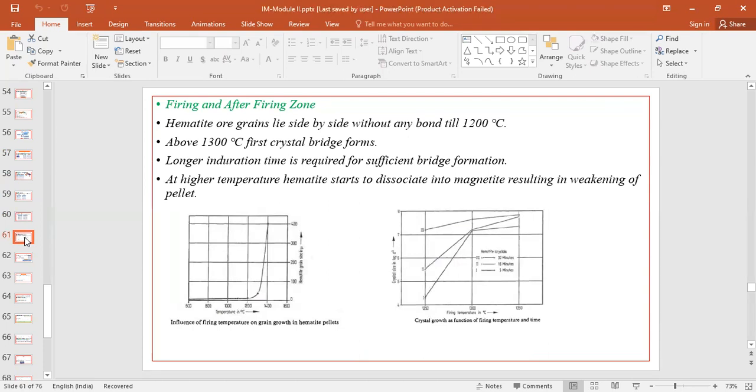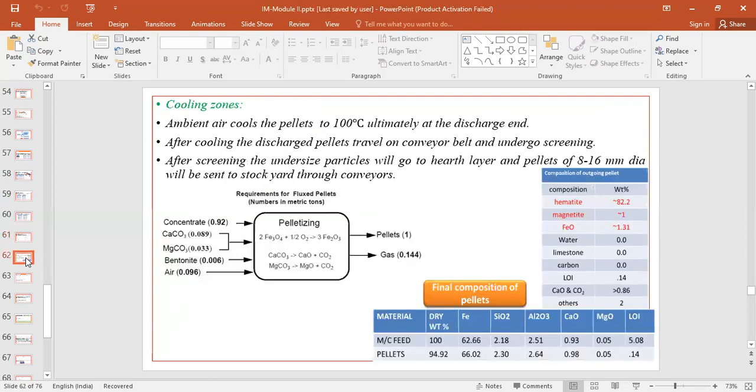Hematite ore grains lie side by side without any bond till 1200 degrees centigrade. Above 1300, the first crystal bridges form, and a longer induration time is required for sufficient bridge formation. At high temperatures, hematite starts to dissociate into magnetite, resulting in weakening of the pellet. So we should not go for very high temperatures.